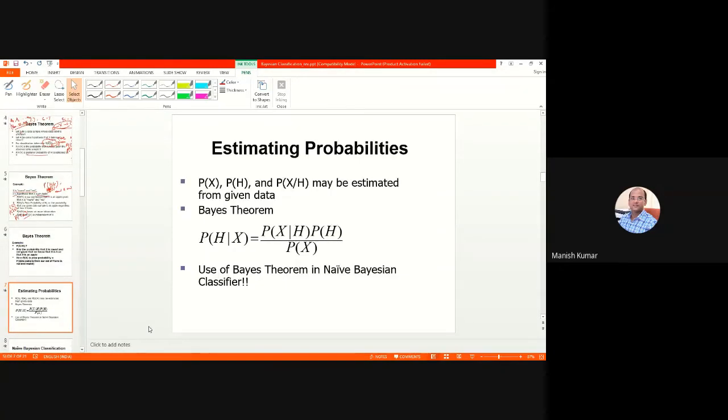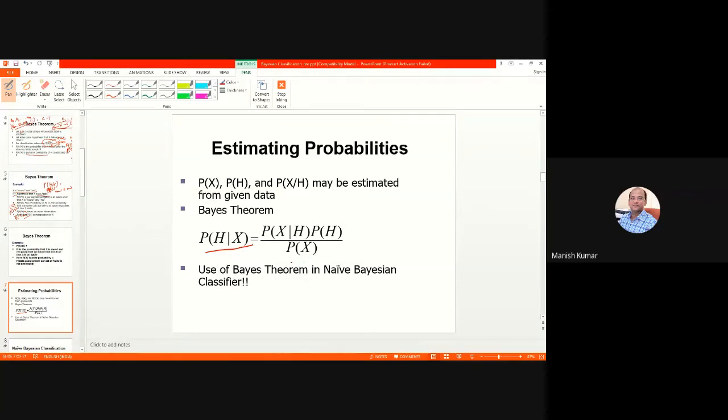This is the Bayes theorem. It states that P(X), P(H) and P(X|H) may be estimated from the given data. Using Bayes theorem, you have to find out the probability of occurrence of H given X, which will be P(X|H) P(H) divided by P(X).